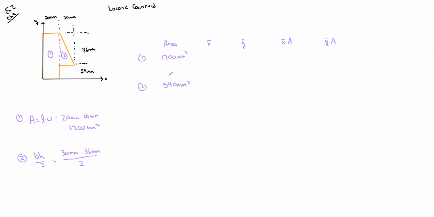All right. X bar for the rectangle is the base divided by 2 from the origin. So the base is 20. 20 divided by 2 is 10 millimeters. That's a pretty easy one. Y bar for the rectangle is height divided by 2, starting from the origin.